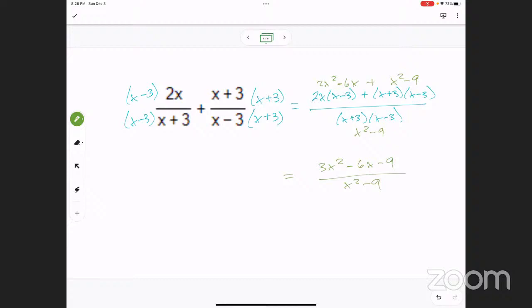Okay. And now you see, oh wait, I can factor out a 3. So when I factor out a 3 up here, I'm left with an x squared minus 2x minus 3. Oh, and that factors some more, doesn't it?